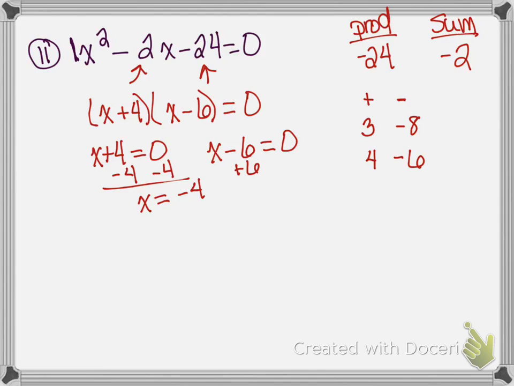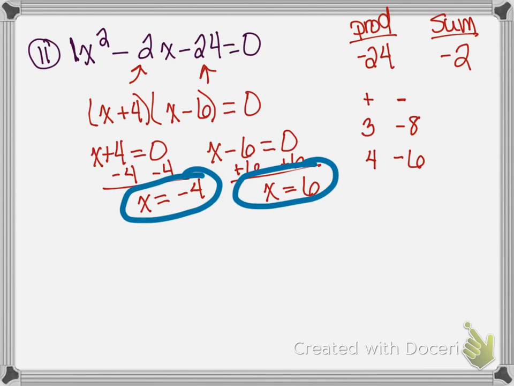Here I add 6 to both sides, and I get x equals 6. What do you notice about these numbers and these numbers? They're opposite. We talk a lot about this right here being a factor and this right here being a solution, and they're reversed.